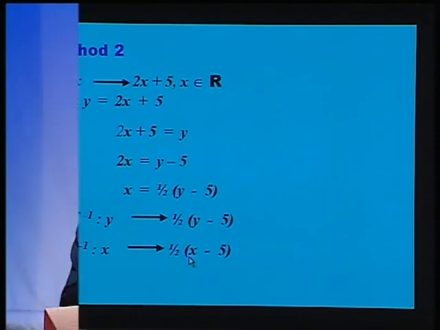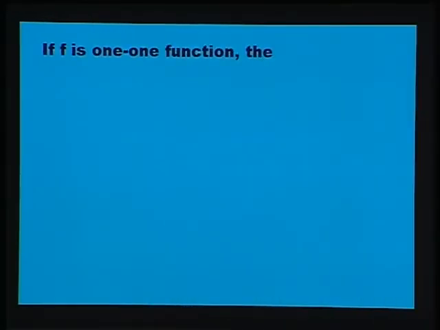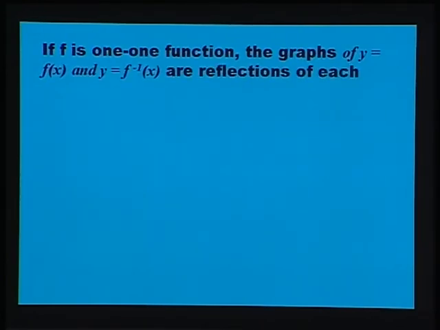There is an important relationship between the graphs of the function and its inverse. That is, the graph of f(x) and the graph of f inverse are reflections of each other in the line y is equal to x. So let's see. If f is one-to-one, the graphs of y is equal to f(x) and y is equal to f inverse of x are reflections of each other in the line y is equal to x.